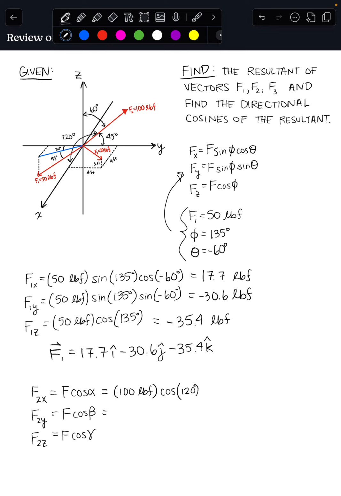Okay, for F2y, again, it's 100 pounds times the cosine of angle beta, which is the angle that it makes with the positive y-axis. So that's given here as 45 degrees.